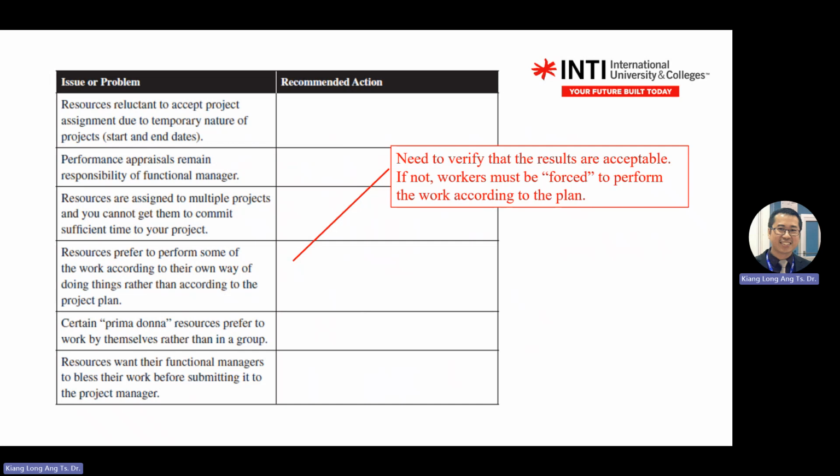The worst scenario, you force them to do it. If not, then you need to negotiate. It depends on your leadership style, and also the workers' culture. Workers from different countries have their own way of working culture, and you have different ways of communicating with them. All right.